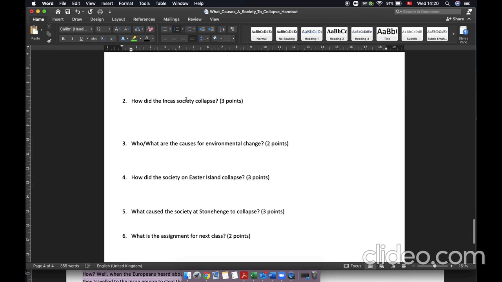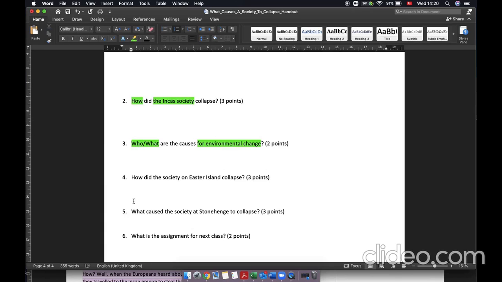How did the Inca society collapse? What was the reason? What happened to the Inca society? So they collapsed. And who or what are the causes for environmental change? Okay, so the causes for environmental change can be things or people.